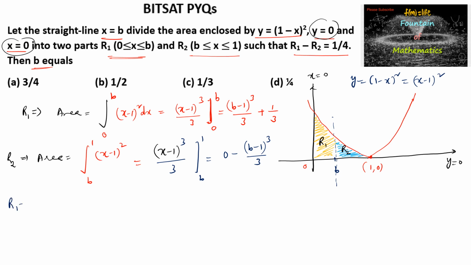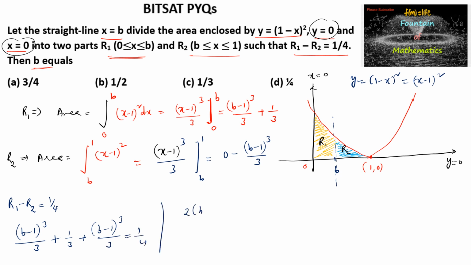And now R1 minus R2 is equal to 1 upon 4. We can write (b minus 1) whole power 3 upon 3 plus 1 by 3 plus (b minus 1) whole power 3 upon 3 is equal to 1 by 4.